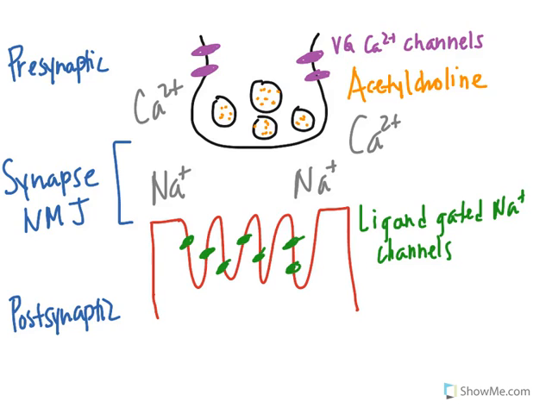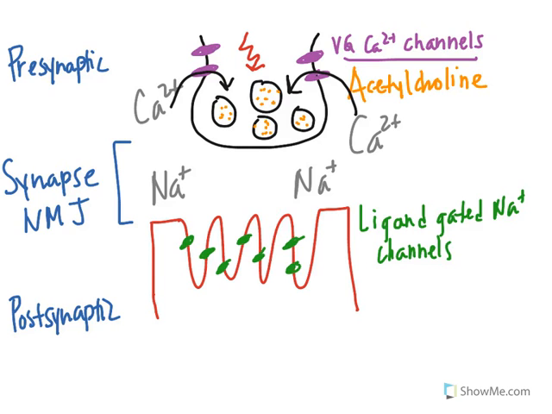But what happens when an action potential comes along? It's propagated down and reaches the axon terminal. So when that happens, the inside of the cell becomes a little bit more positive, causing the voltage-gated calcium channels to open, allowing calcium to flood into the cell.